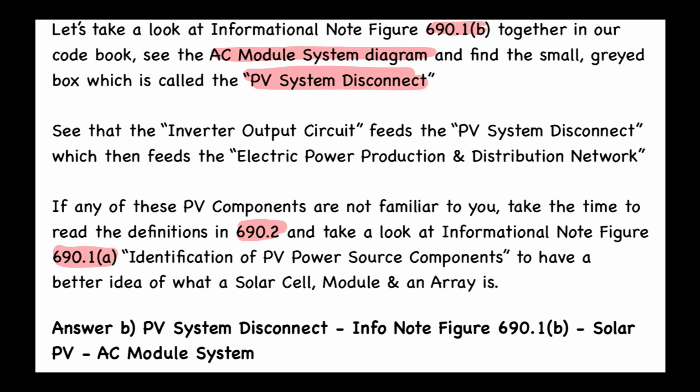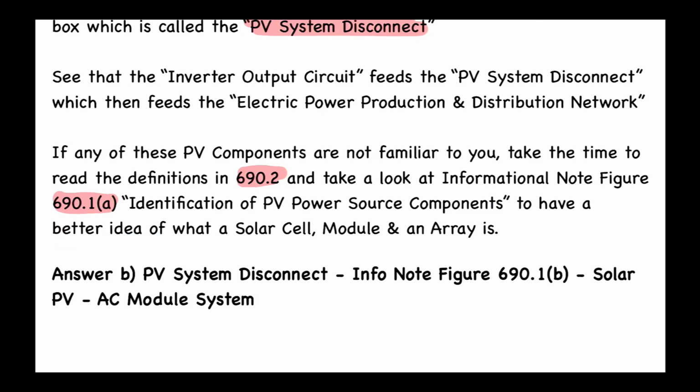It's really important that you understand these differences. All right, so the answer, again, to this question is B, and that is PV system disconnect, and that you can find from the info note figure 690.1b, solar PV AC module system.